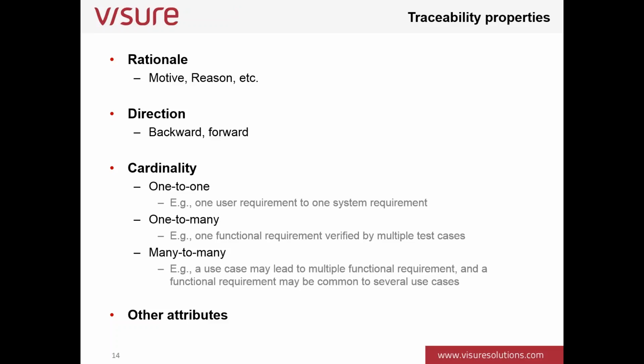One can mean that the low-level one is specifying the high-level one, and maybe the high-level one is motivating the low-level one. It's important to understand the direction of the traces. The cardinality: exactly whether one requirement is related with one requirement, one requirement is related with several requirements, or a set of requirements is related with another set of requirements.